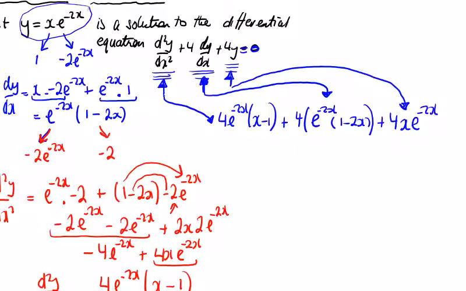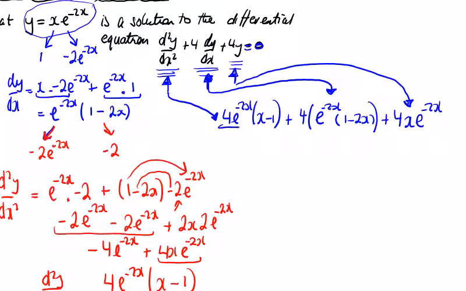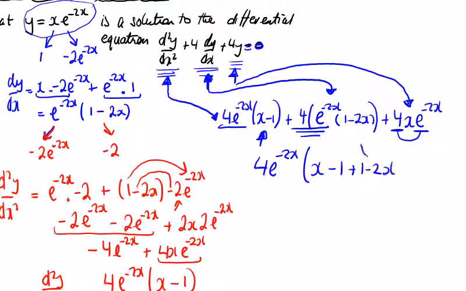Now it looks like we have 4e to the power of minus 2x. We have the same here, and we have the same with these two parts. So I can factor out 4e to the power of minus 2x. I'd have to multiply it by x minus 1 to get this guy, and then plus 1 minus 2x to get that guy, and then plus x to get this guy in here.